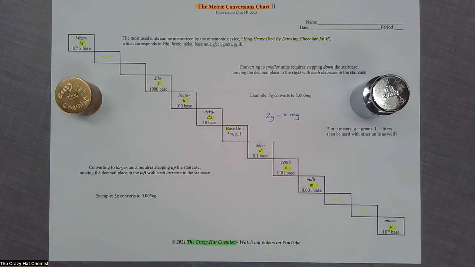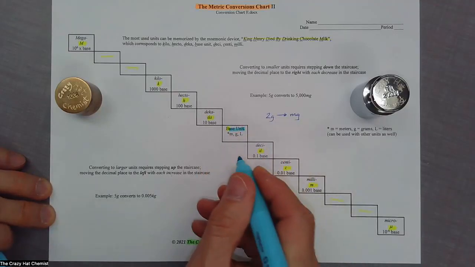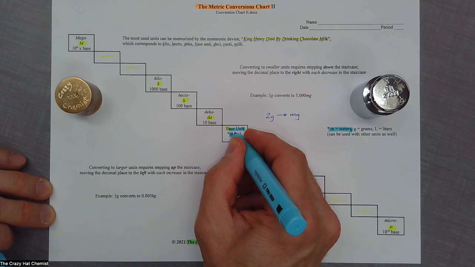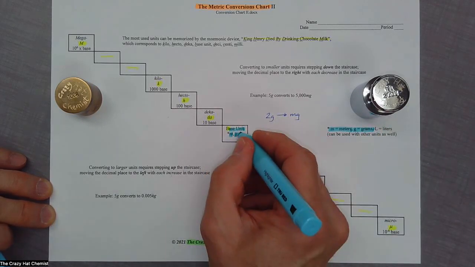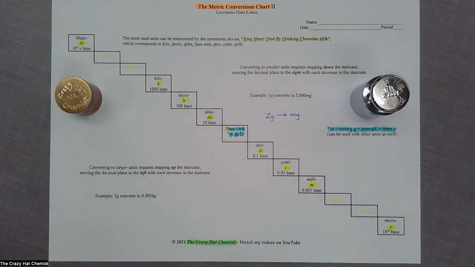So one other little tidbit here, and that is the base unit here is going to be either M for meters, that's a length, G for grams, that's a mass, L for liters, that's a volume. There are many other units that can be used as well, but that's what we're going to stick with on these 3 videos and these 3 worksheets.